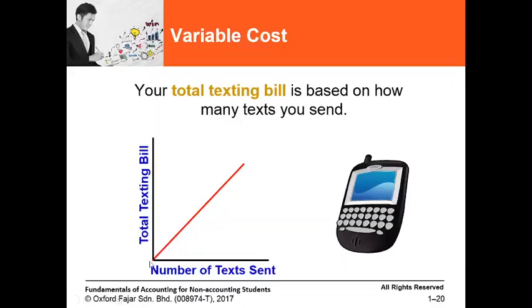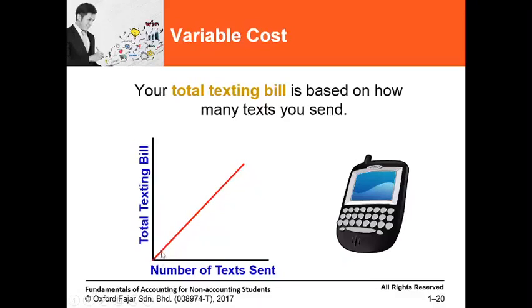Okay, so let's say I buy a phone and plan in 2005. Therefore, it charges me. If I want to send a text message to one of my friends, it will charge me 5 cents for one message.